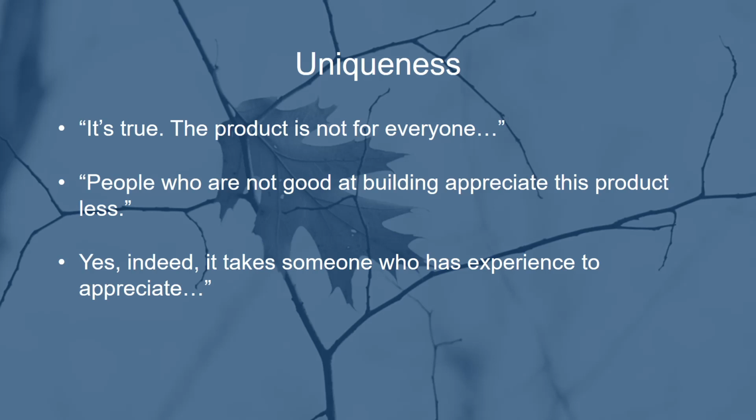You wouldn't like to be told that." Or, "People who are not good at building appreciate this product less." Again, you're not really insulting the customer, but pointing out the fact that this product is not for everybody. Yes, indeed, it takes someone who has experience to appreciate this product, let's say. So uniqueness is a very good one, depending again on the communication style.